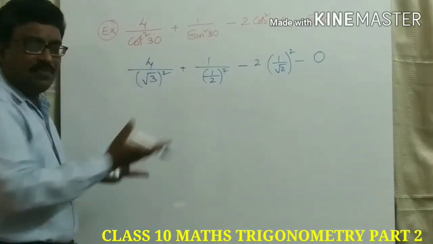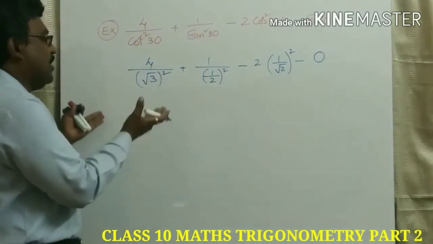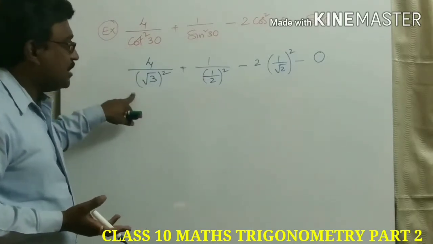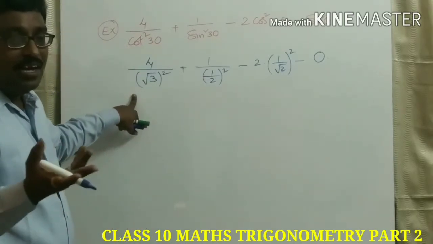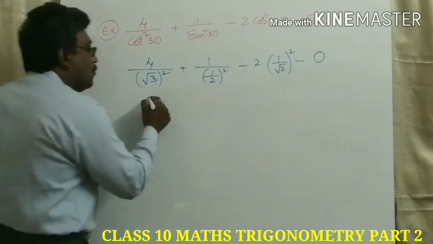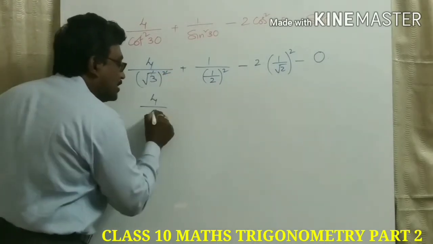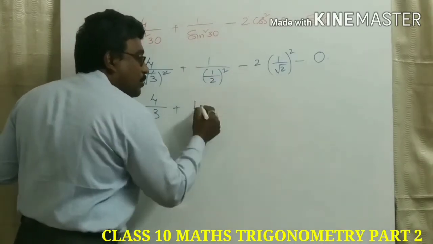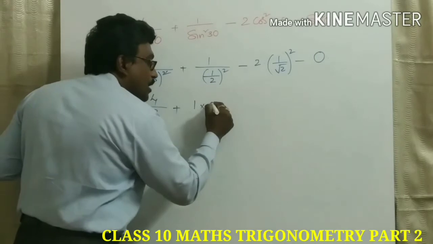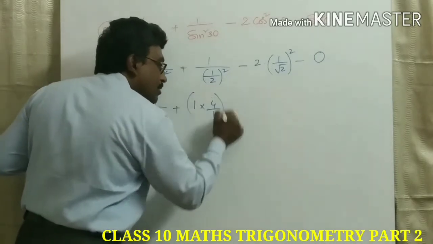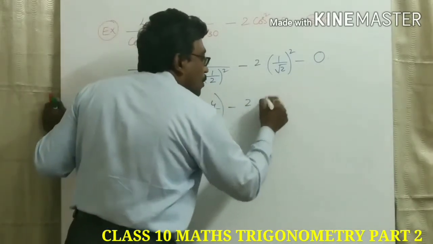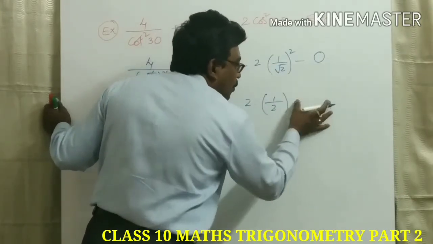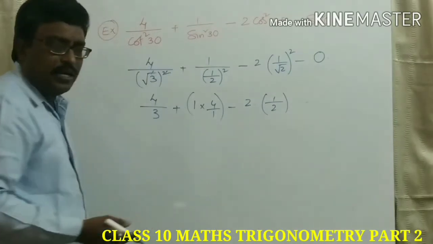Now it's in algebraic form. Direct simplification. Now there is no trigonometry, the trigonometric values are substituted, and it has come like a fraction sum. 4 by square root 3 squared, that is 3, plus 1 by 1 by 2 whole square, that is 4, minus 2 times 1 by root 2, 1 by 2, minus 0. 0 is there or not, it's okay.